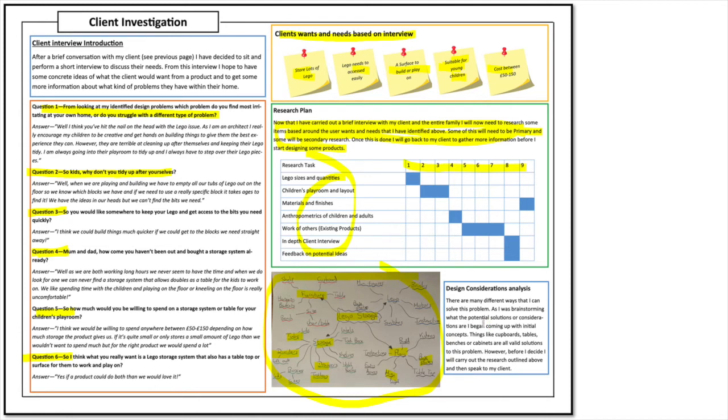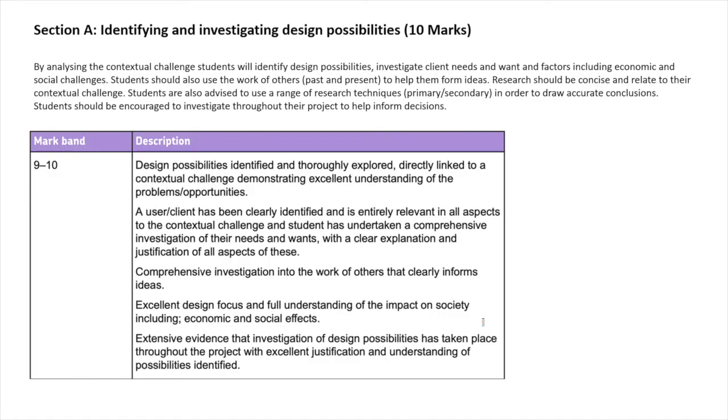That mind map to me is helping me justify what my next steps are, because I'm coming up with specific problems that exist around that one design problem that my client has decided to go forward with. So based upon that, on my first section, or little section, I've identified some design possibilities.